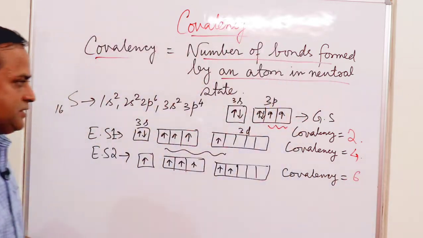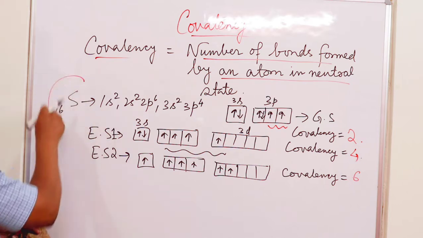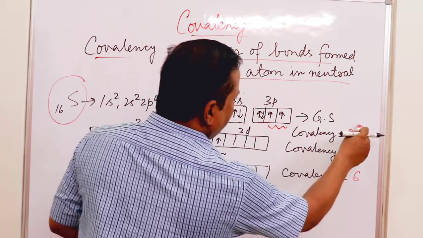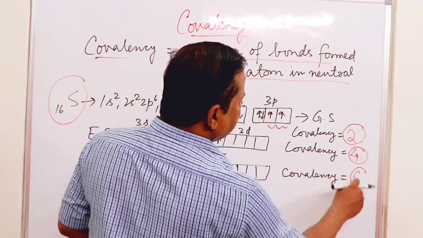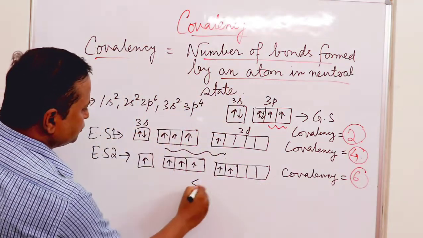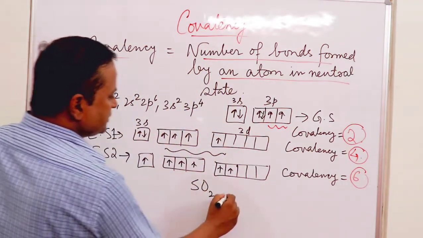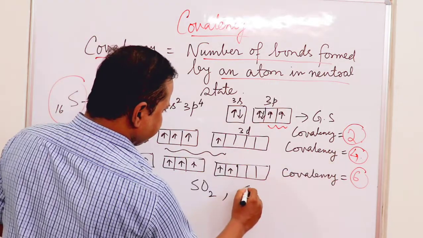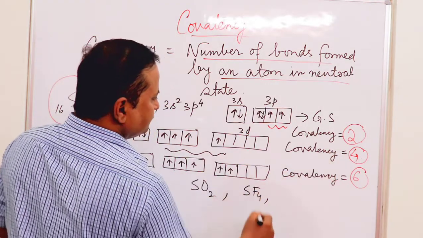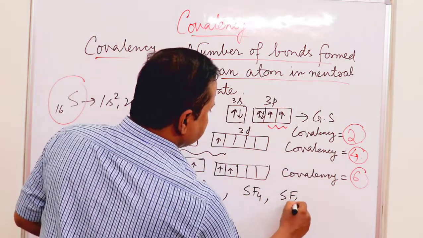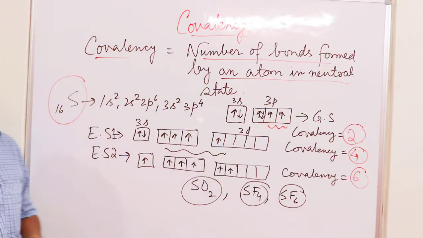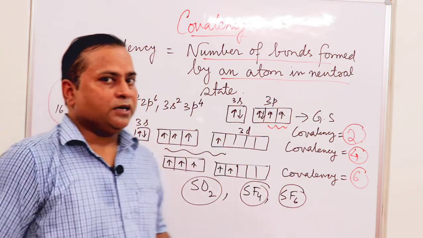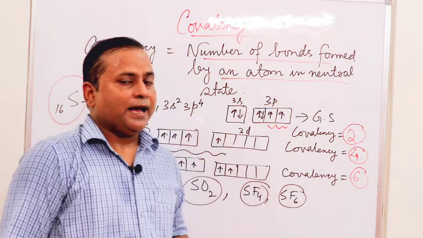So that means sulfur, an important element, can form 2 bonds in some compounds, 4 bonds in some others, and also 6. Like in SO2, it will form 2 bonds. In case of SF4, it will form 4 bonds. In case of SF6, it will form 6 bonds. So with the help of theory of covalency, we can find out the number of bonds formed by an atom.